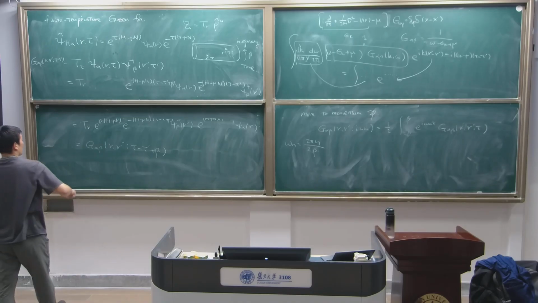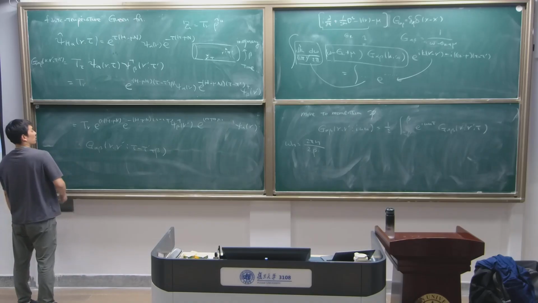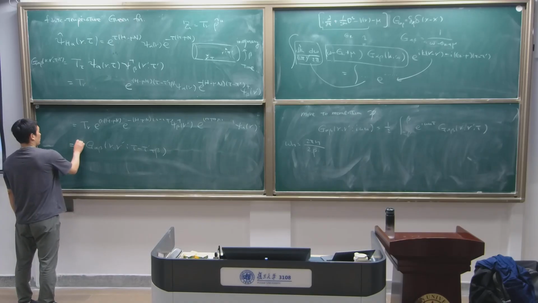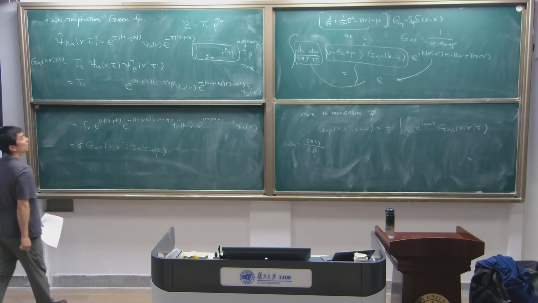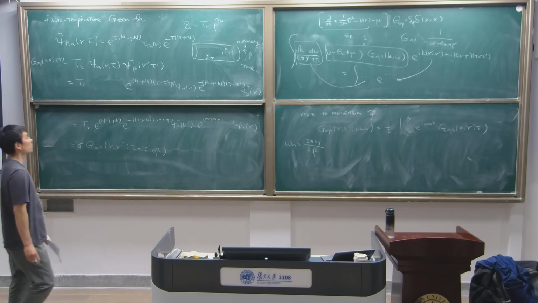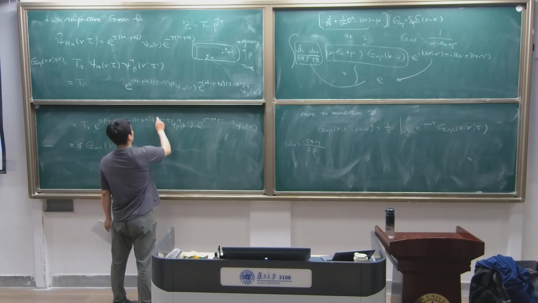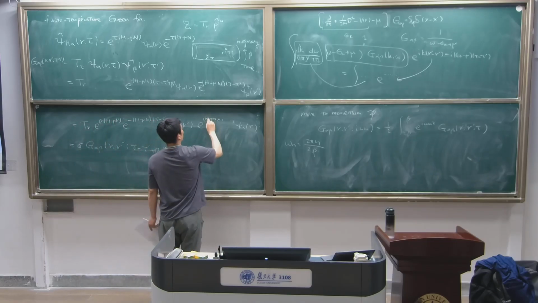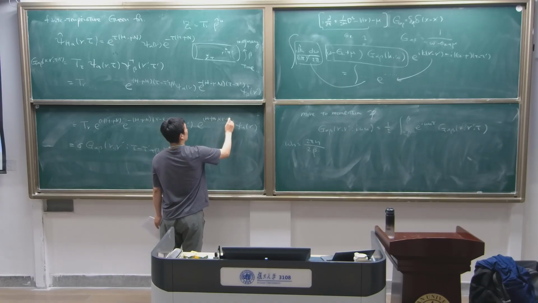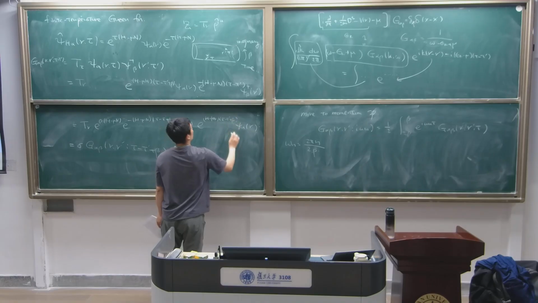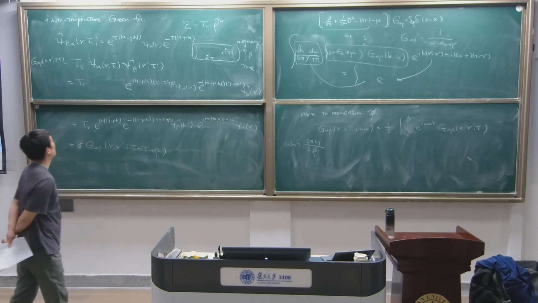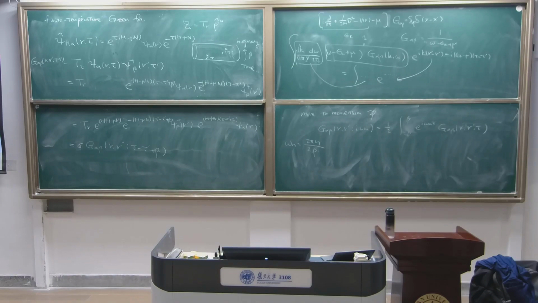I think it's not simply G alpha beta, there's a time issue here. It should be plus minus, and actually it should be sigma. Where does sigma come from?